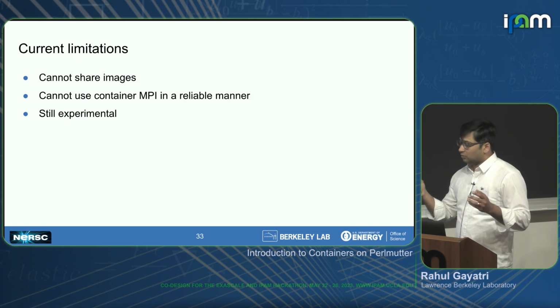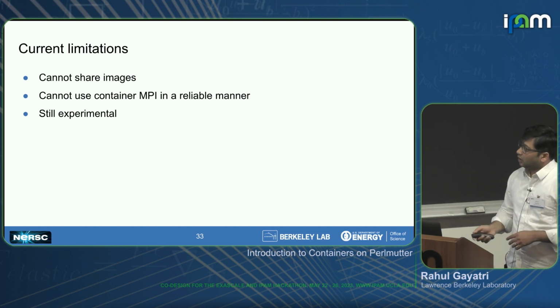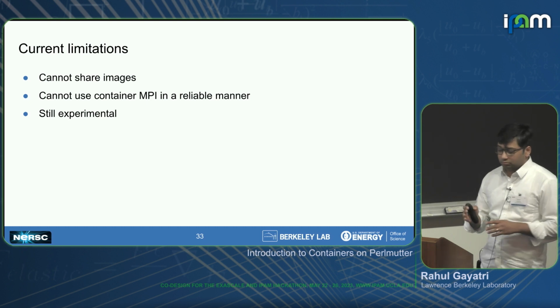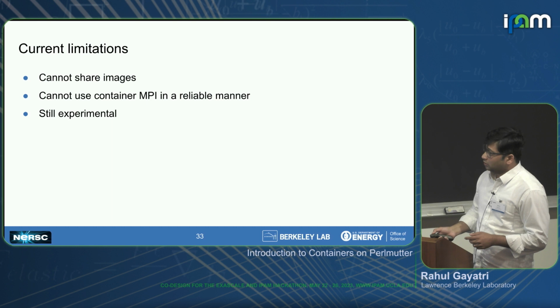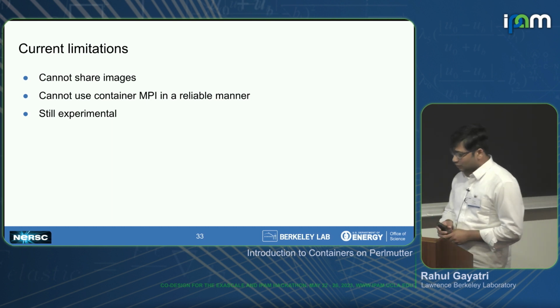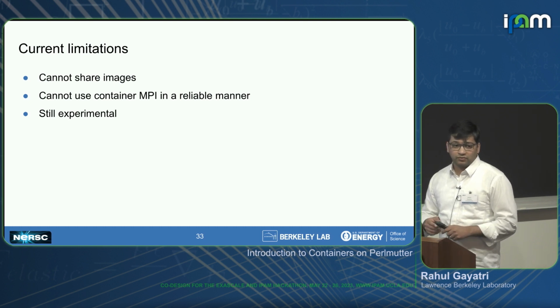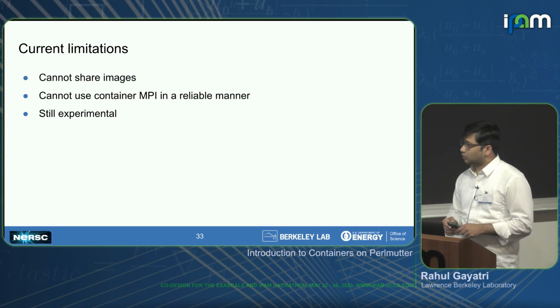You can rebuild it with the series of steps that we give and the Dockerfile. You cannot use MPI inside a container right now. That's the whole discussion we had. It's still experimental, as I already mentioned. So if there are issues, we are very eager to work on them. If you're using it and you face some issue, please let us know and we will work with you to get it to work.